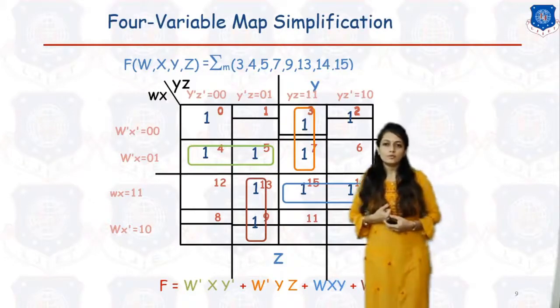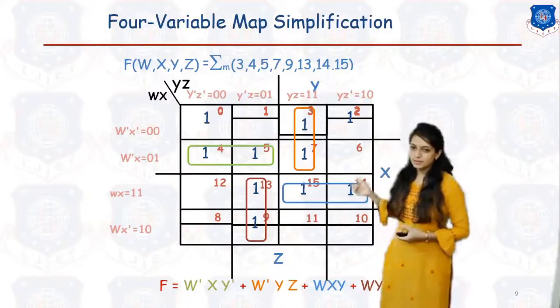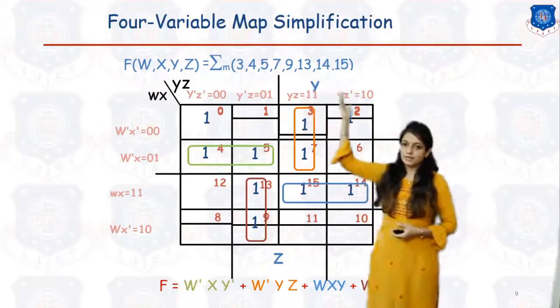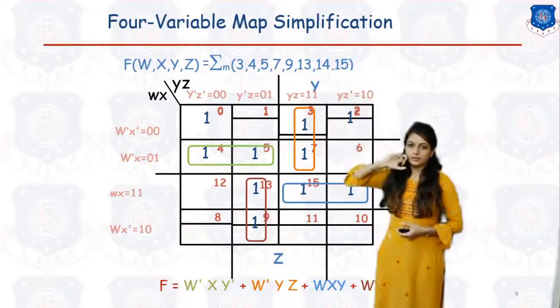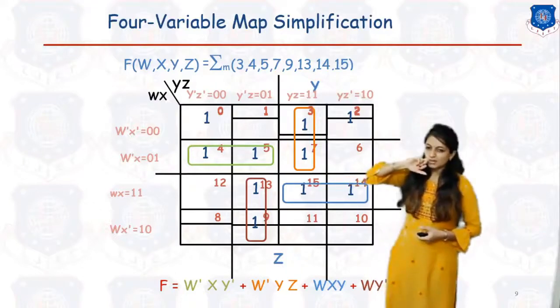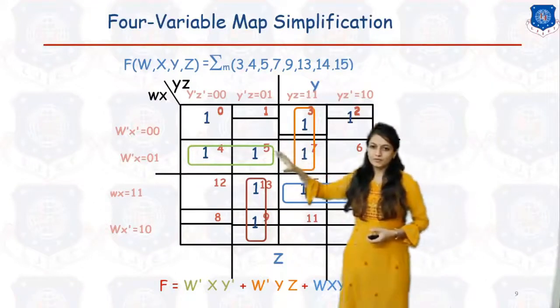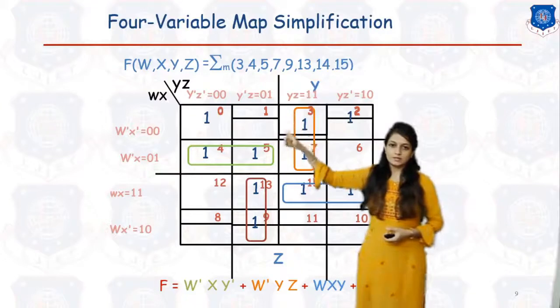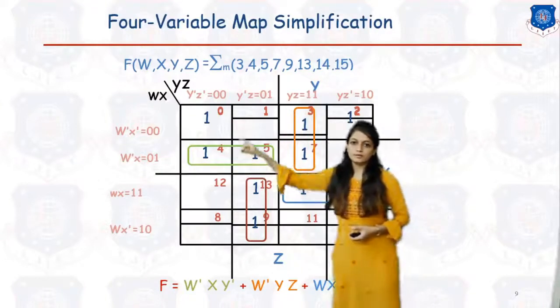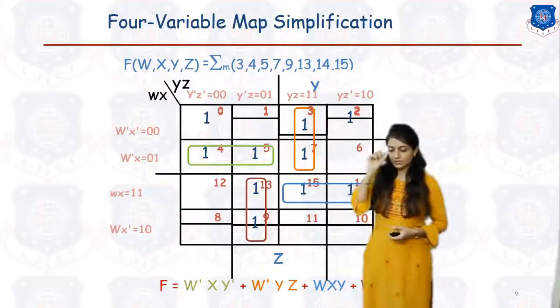Now another 4 variable map simplification. Let's take another example: 3, 4, 5, 7, 9, 13, 14, 15. So we are not able to make a group of 4 ones; we can only make groups of 2 adjacent ones.